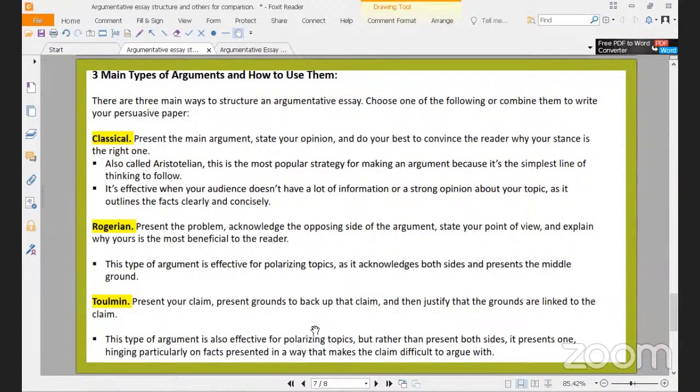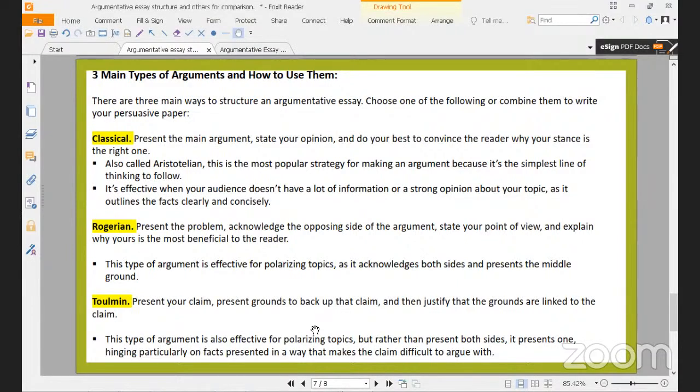But it's just a claim that we're doing, an argument, because we seem to be contradicting things. Anybody else? I think that it can be classical or the last one, Toulmin, because it only shows one part of the argument and tries to convince them with that.